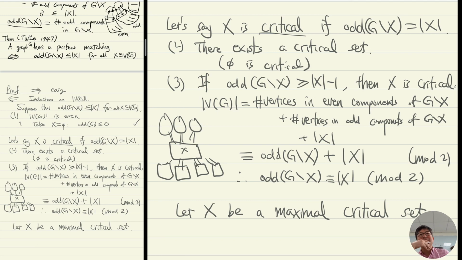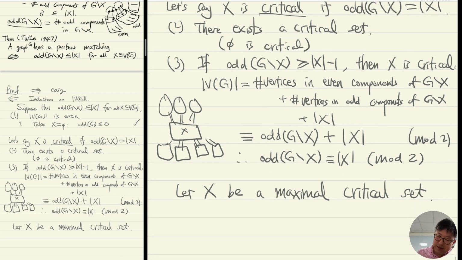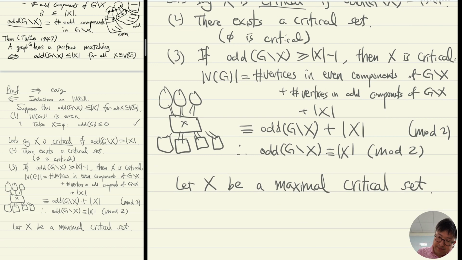Well, I'm now debating whether I should say maximum or maximal, but let's see what happens. Okay, now here's another claim. G delete X has no even components.